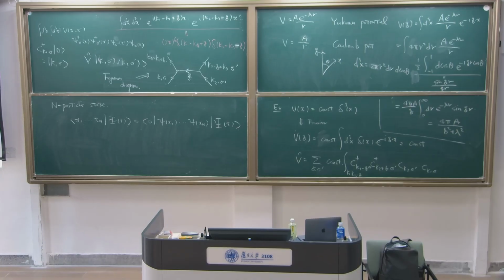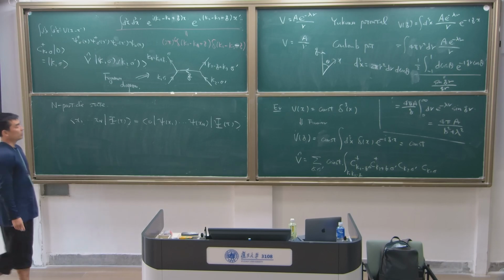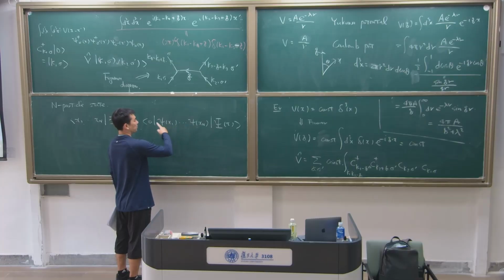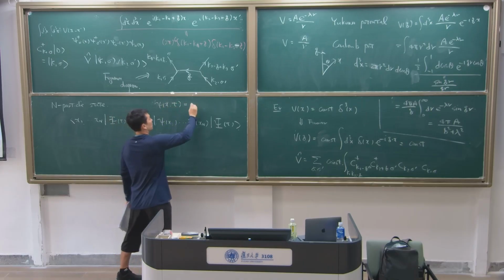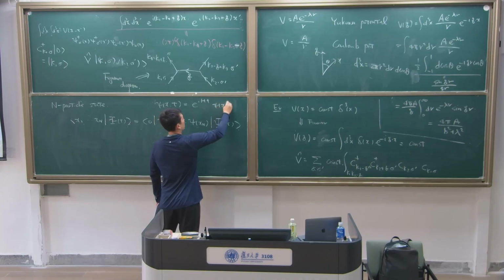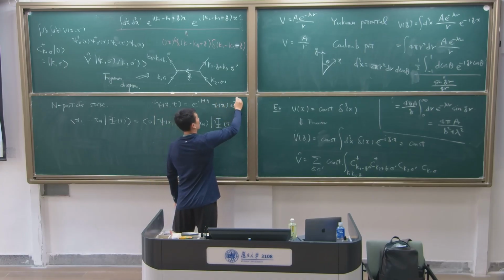And in fact, here you need to use the Heisenberg picture. So even the psi operator would depend on t. Psi of x, t is e to the i H t times psi of x. This is what we are showing in the Heisenberg picture.